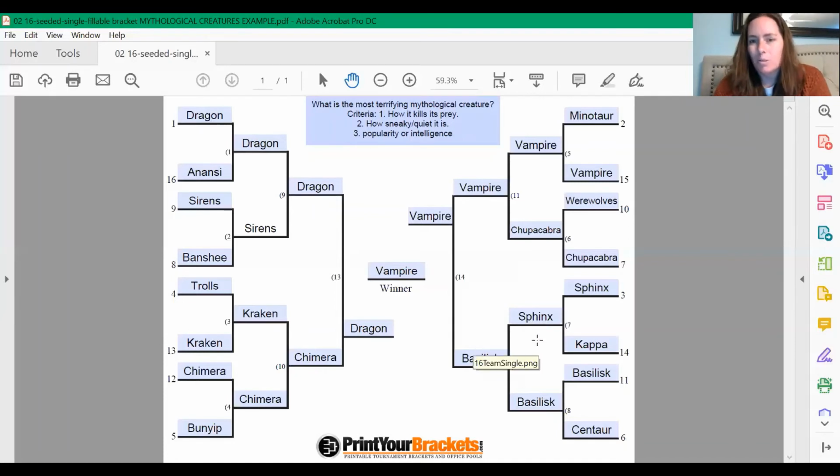And it just rips you apart and eats you. So I picked the basilisk because it seems like that thing's gonna sneak up on you and slither up on you, and it's just gonna look at you and you're gonna die. So I felt like that was completely frightening because of how it kills you and how sneaky or quiet it is, okay?